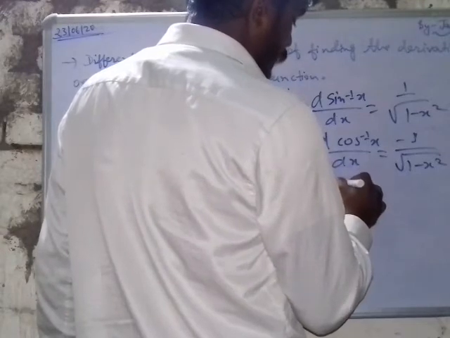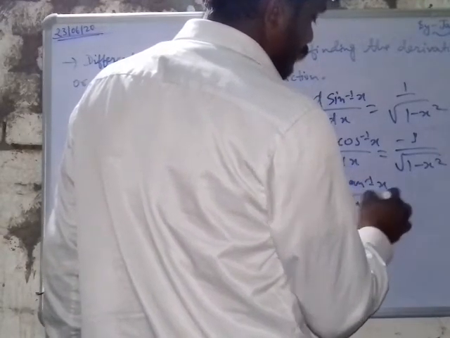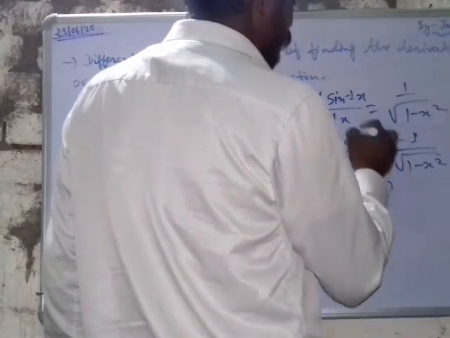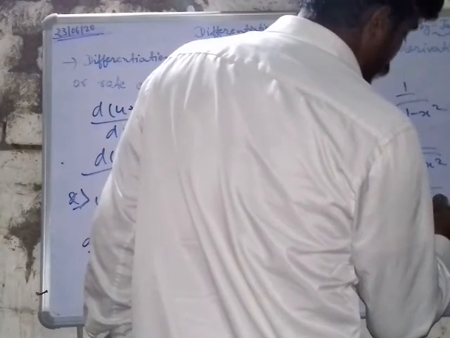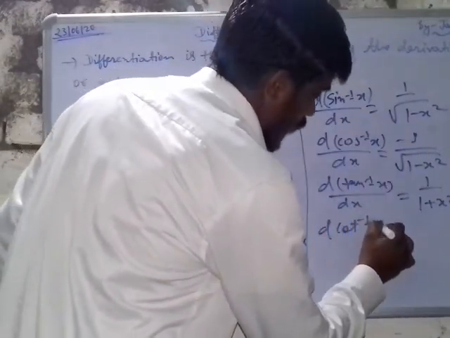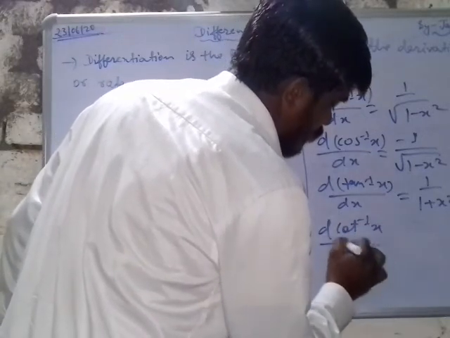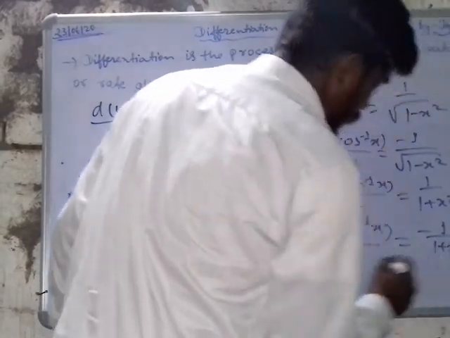Differentiation of tan inverse x equals to 1 by 1 plus x square. Differentiation of cot inverse x equals to minus 1 by 1 plus x square.